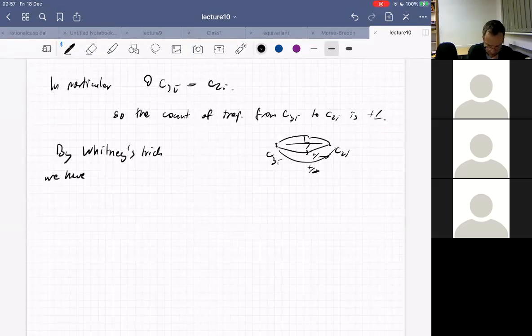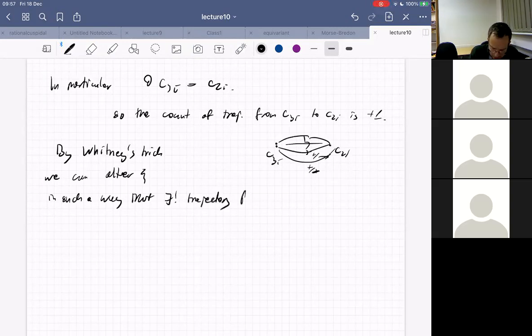And now by the Whitney trick, we can alter psi in such a way that there is a single trajectory from C3I to C2I.